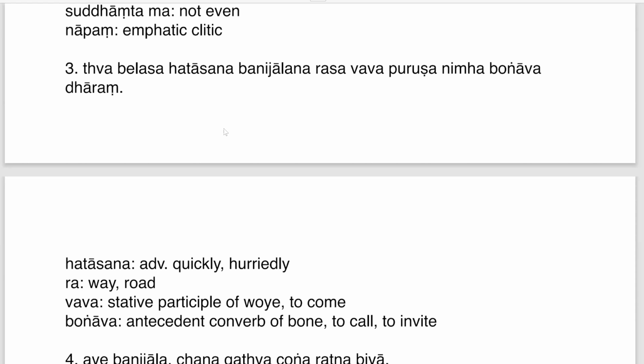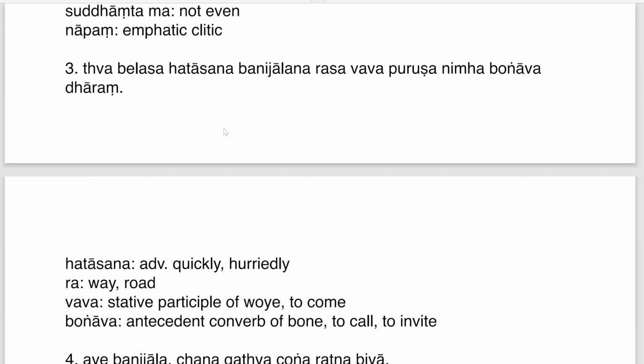Yes. And plus ergative. And rasa, on the road. It's road plus locative. Yes, and verbal stative participle for years.